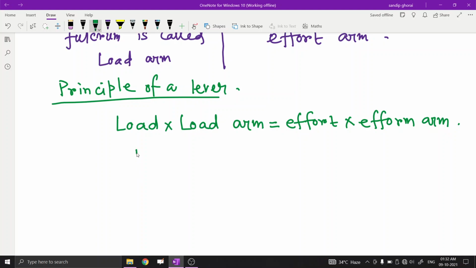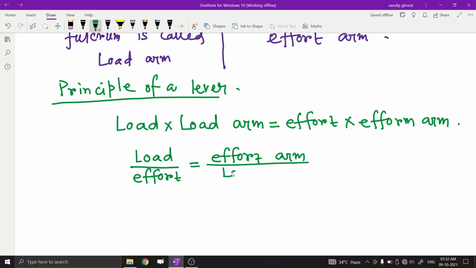That means load upon effort is equal to effort arm upon load arm.